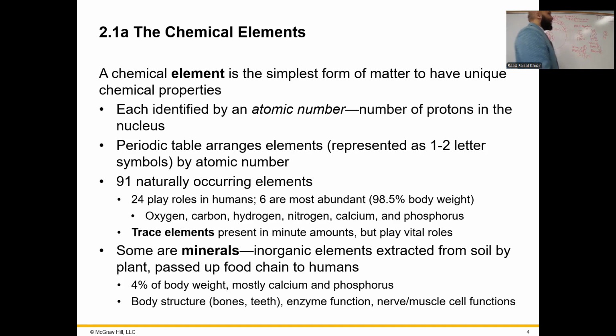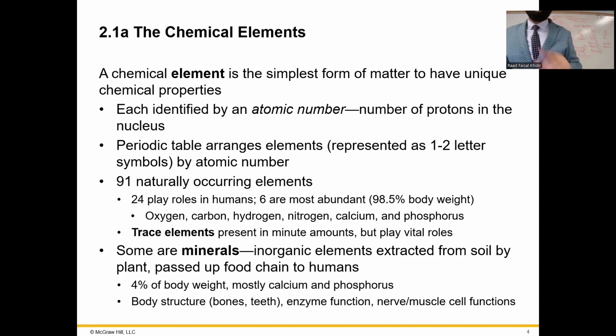For H3, the mass number is 3. The proton number is 1. So that means I can never change the number of protons. If you change from 1 to 2, you're no longer hydrogen.